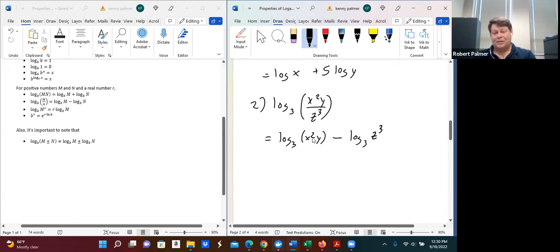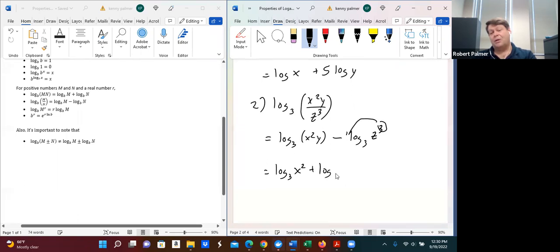Well, here I can expand this product of x squared times y, and here I can bring this exponent down front. So next, I expand this product and have log base 3 of x squared plus log base 3 of y. Then here, I bring the exponent down front using this third property, and have minus 3 times log base 3 of z.